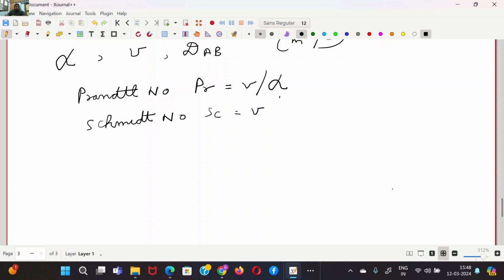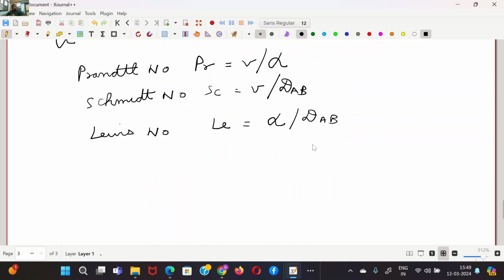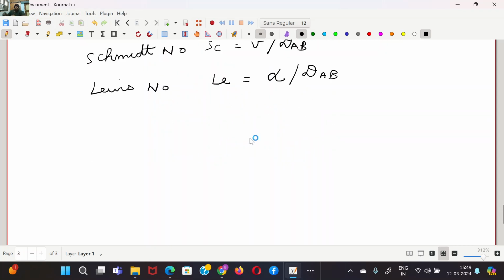It is momentum diffusivity by binary diffusivity, and the Lewis number, or Le, is thermal diffusivity by binary diffusivity, that is, mass diffusivity. So these are some dimensionless numbers. They tell you which term dominates the other. Since we are not interested in this D_AB, that is the mass transfer thing, we'll be basically limiting ourselves to the Prandtl number. But anyway, just some extra information that may be useful for you.